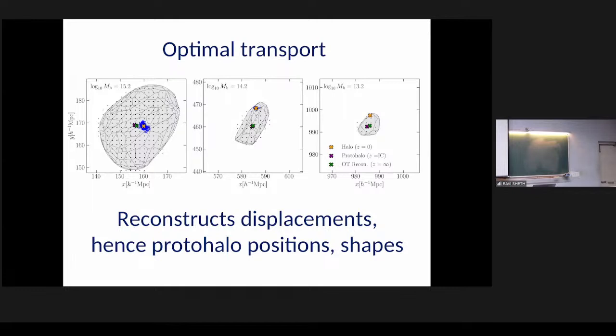So all these black points shrank down to be where the blue points are now. The gray region is the Laguerre cell, the reconstructed shape of this halo, given the blue particles. Somewhere here there was a halo, somewhere here there was a halo, I have to make the Laguerre diagram. So I reconstruct not just the centers of each of these patches, but actually their shapes.